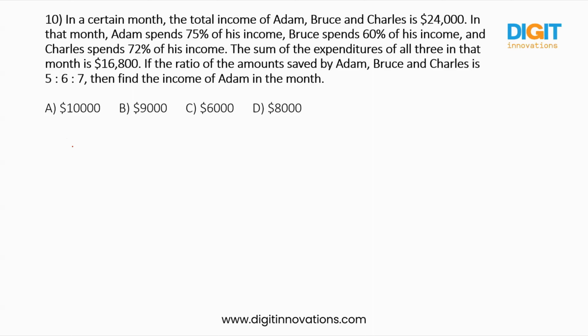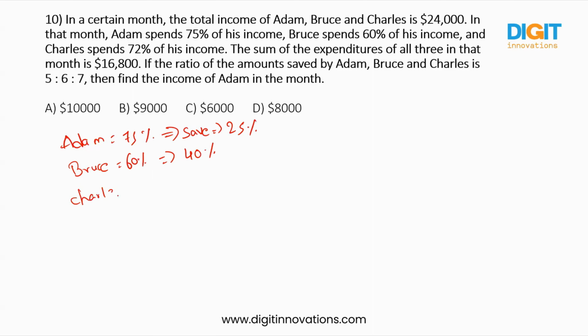So we got to know Adam has spent 75%. That means he is going to save the remaining 25%. When it comes to Bruce, he spent 60%. That means 40% is savings. When it comes to Charles, he spent 72%. That means 28% is for savings.